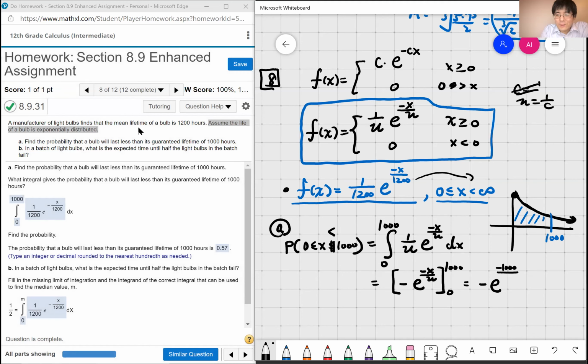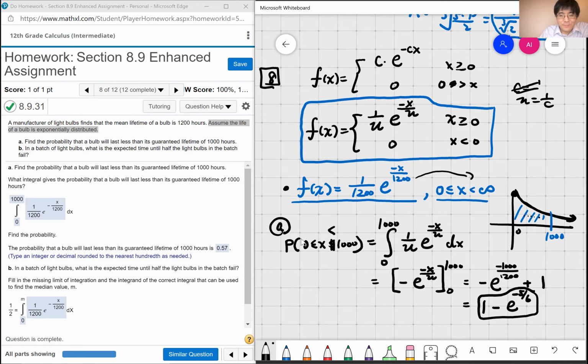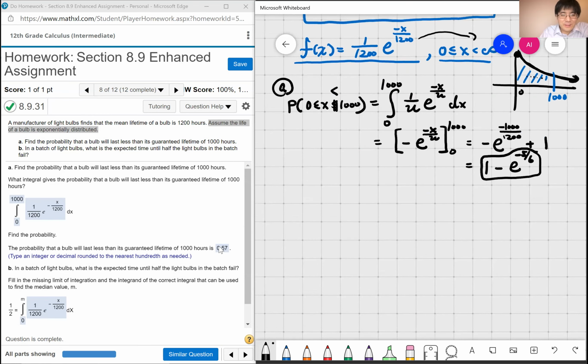Mu is in this case 1200, plus e to the power of 0, so it's going to be 1. So in this case, it is 1 minus e to the power of negative 5 over 6. That's the probability, the area under the curve between 0 and 1000. When you plug this into the calculator, it's going to be something like 0.57, I believe. I used the calculator to find this.